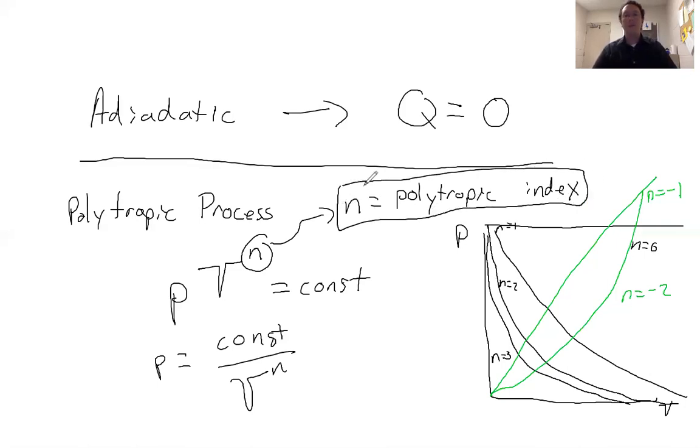So there are a number of things you could do. You could be given an initial pressure, an initial volume, a final pressure, and an index, and you could try to figure out what the final volume was. There are all kinds of things you can do, and then you can calculate work for things like that.